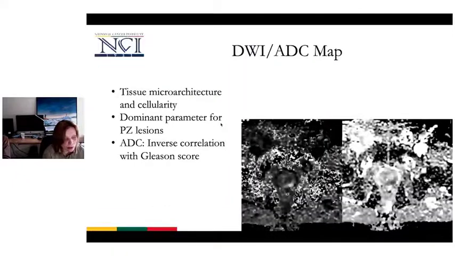Talking about diffusion and the ADC map, these sequences are very special for MRI, and they correspond to cellularity. If we have cancer, we have high cellularity here. And this is the dominant parameter for peripheral zone lesions. What is very important on the ADC map is the inverse correlation with Gleason score.